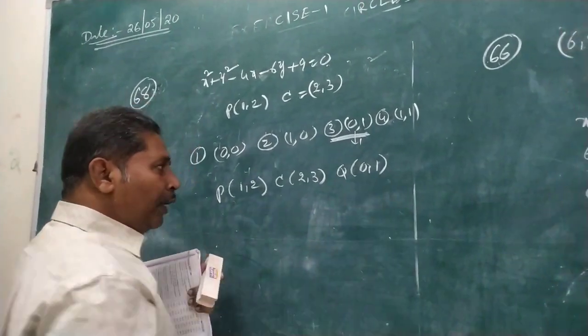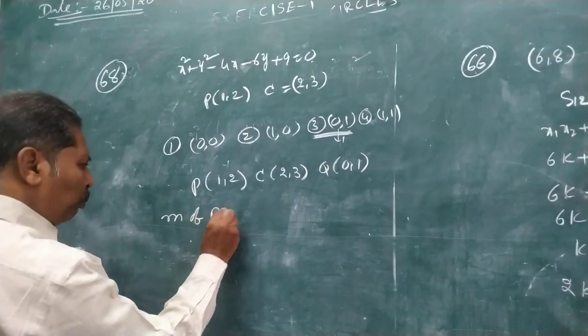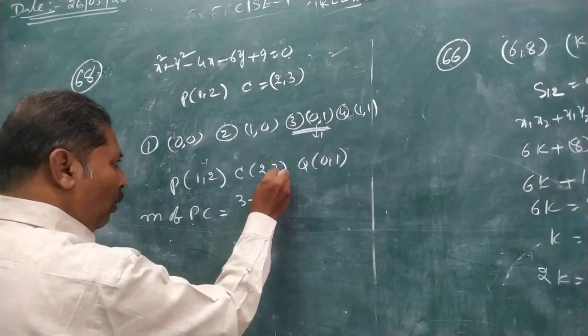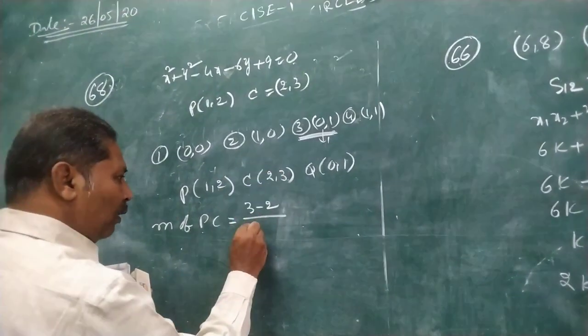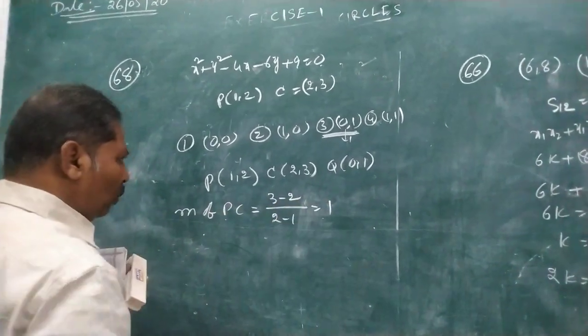Verify the collinear condition. So, slope of PC equal to y2 minus y1 by x2 minus x1, 1 by 1 equal to 1.